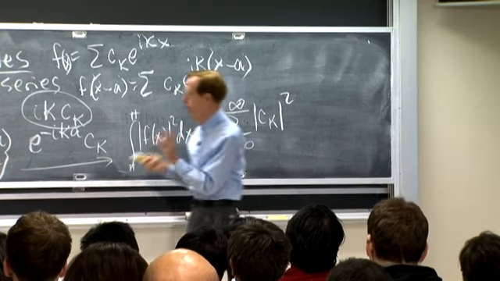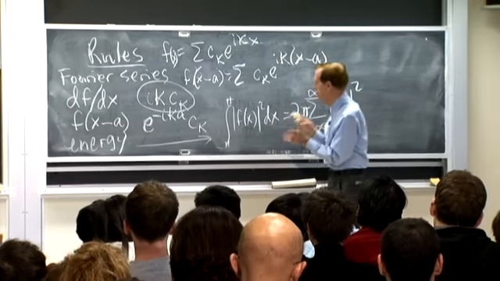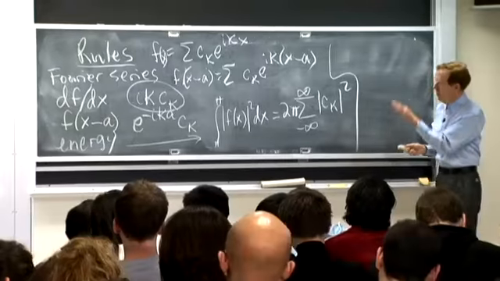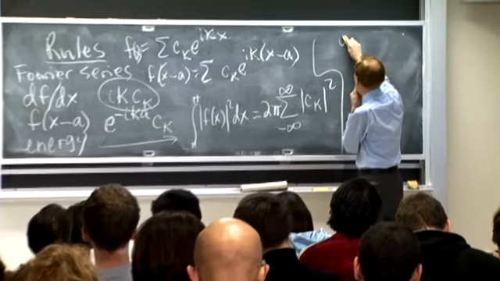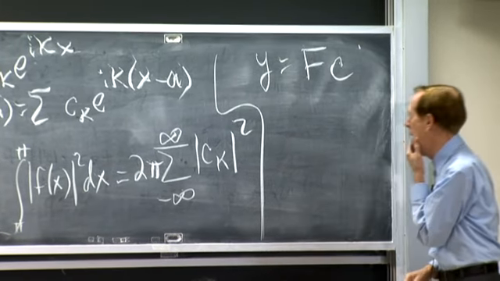And now what I was going to say is you shouldn't miss the fact that in the discrete case, there will be a similar energy equality. So we had y was the Fourier matrix times c.